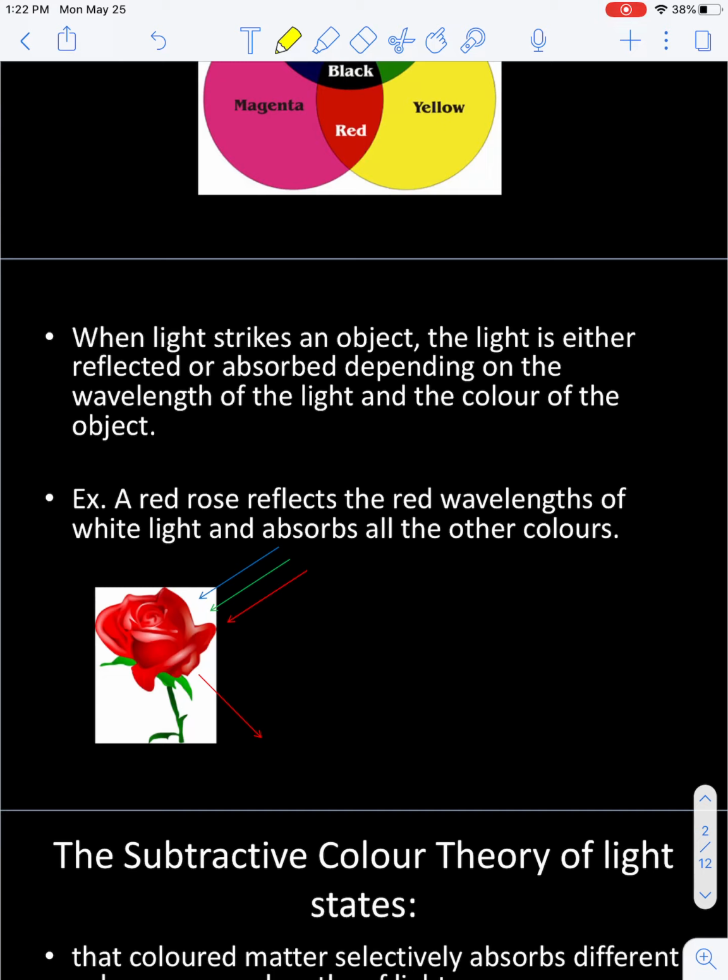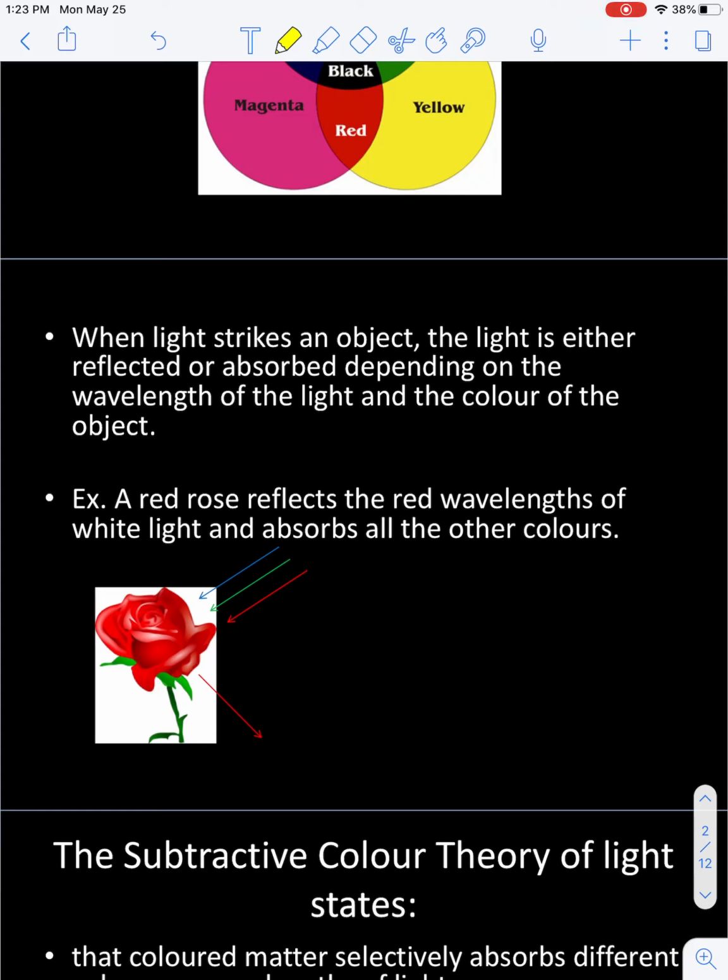So when white light, which we know is a mixture of multiple colors, the primary ones being red, green, and blue, hits and reflects off of objects, the pigment or the color of the objects dictates what light is reflected off, what wavelength of energy bounces off of it, and what wavelength of energy or color is absorbed by it. So sometimes this confuses people. So we're going to start simple.